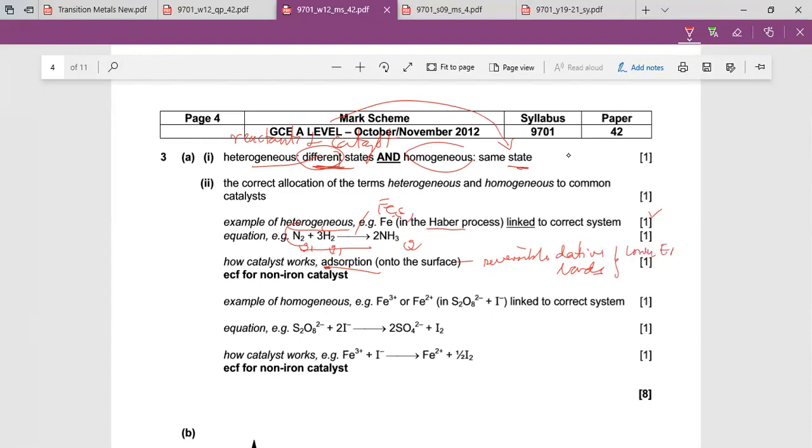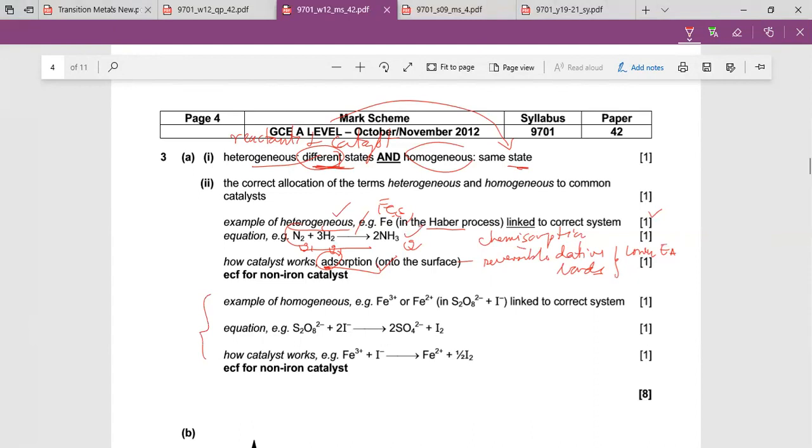Show them you know the stuff. And then once it's formed, they will diffuse. Now this is called chemisorption. Remember they are adsorbed, not absorbed. So this is 3 marks: one mark for heterogeneous, one mark for the process, one mark for the equation, and one mark for how they are adsorbed.